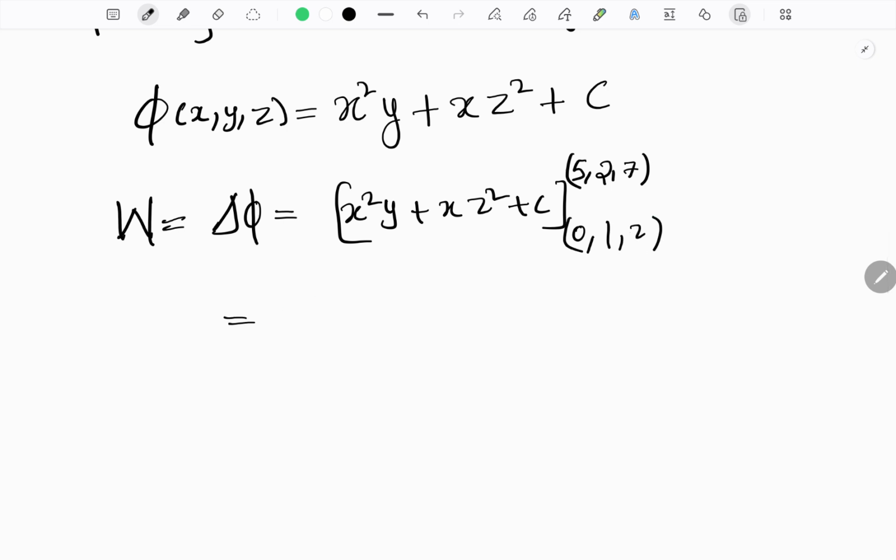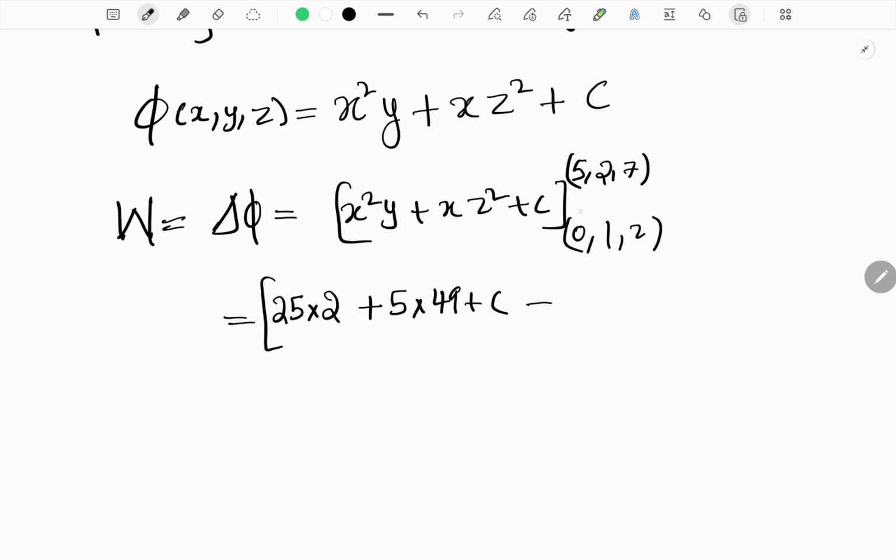Okay. So first we will substitute the upper limit: x square, that is 5 square, that is 25, into the value of y, which is 2, plus xz square. So 5 into z square, that is 7 square, that is 49, plus c, minus the lower limit.